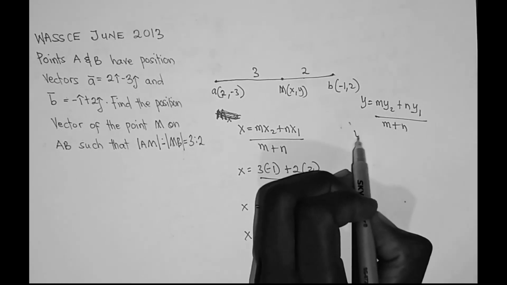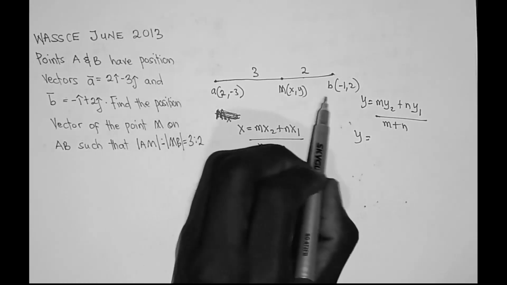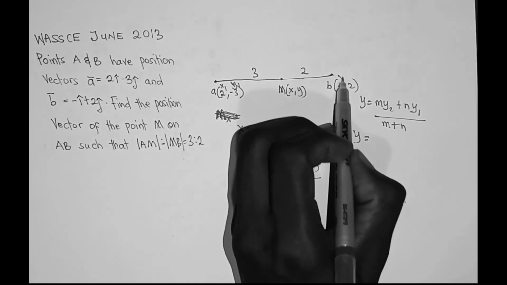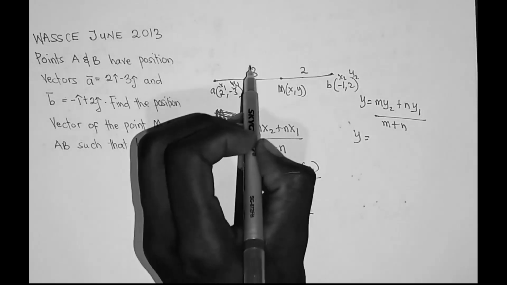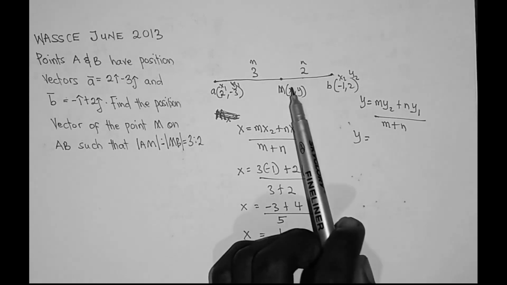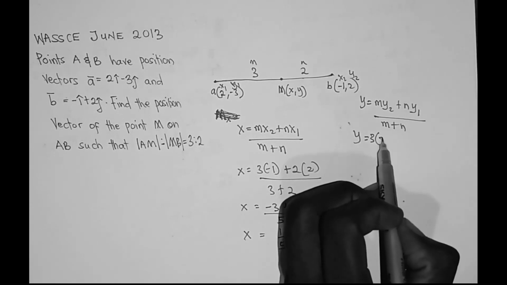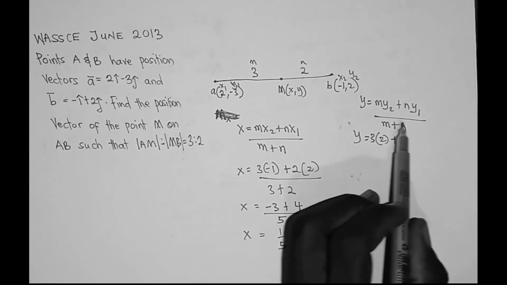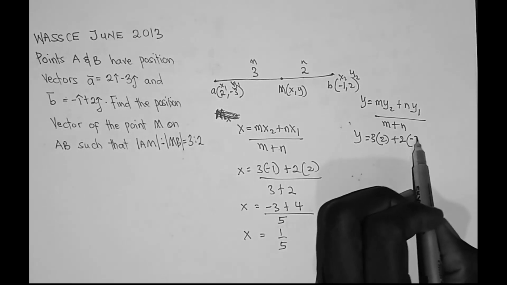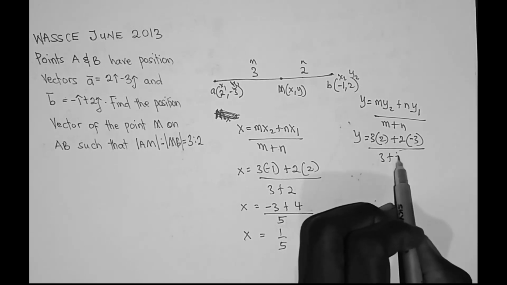So y is equal to, like what we did, this is x1, y1, then x2, y2, and this is m and this is n. So m y2, m is 3, then y2 is 2, plus n is 2, then y1 is minus 3, divided by m plus n, which is 3 plus 2.